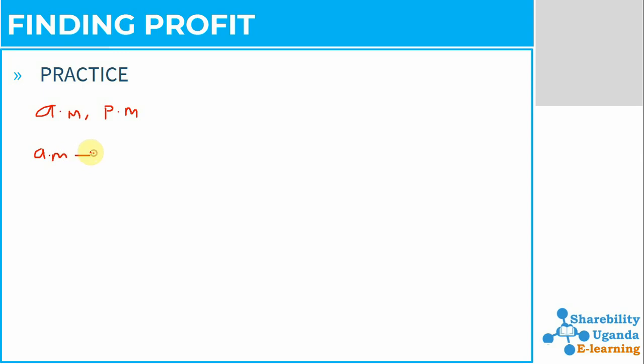AM means morning. Then when you have PM, it means evening. Their meaning is in the evening.